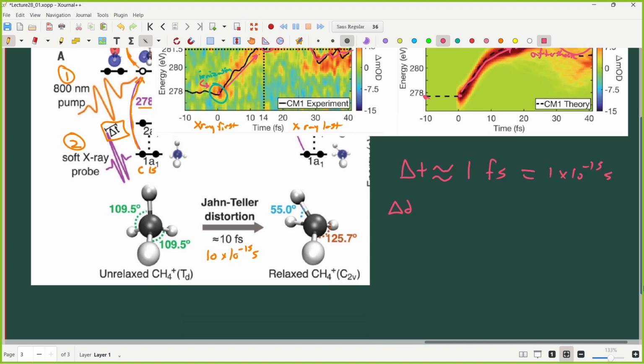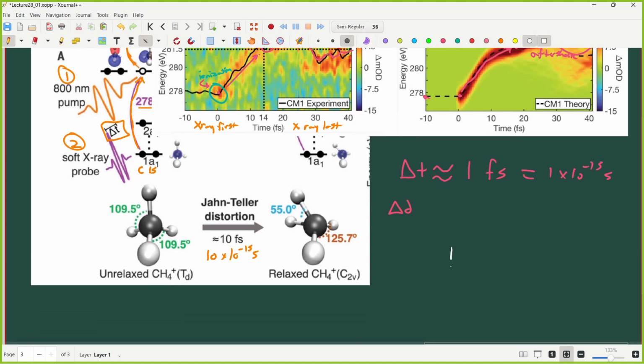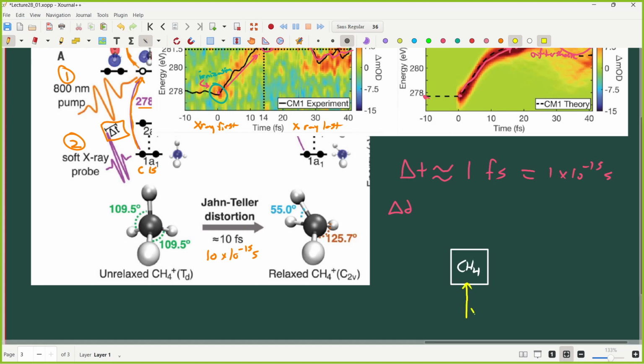Let me just draw it exactly. Here's our methane in our box. Our X-rays go in this way, and then there's a detector here.